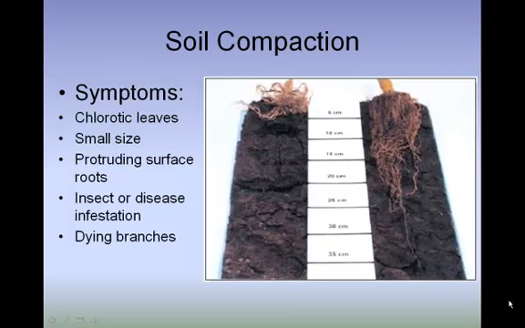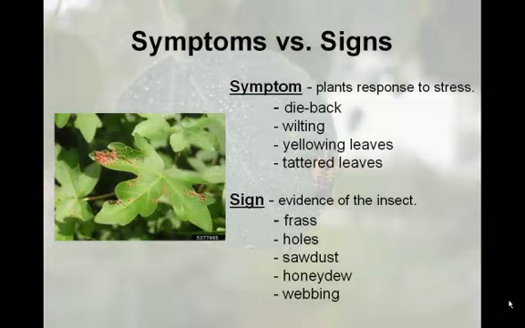So just consider those things. And also, as we're looking at sick plants, don't assume it's an insect or disease if you don't see the sign of that insect or disease. We're probably looking at the symptoms: the dieback, the wilting, yellowing leaves, tattered leaves. That could be physiological.